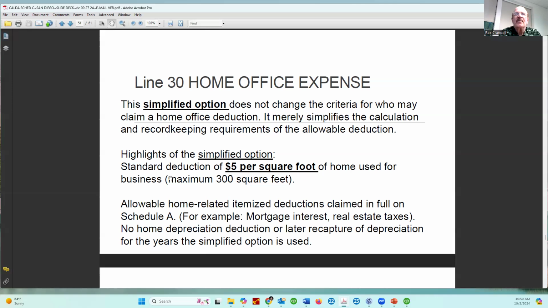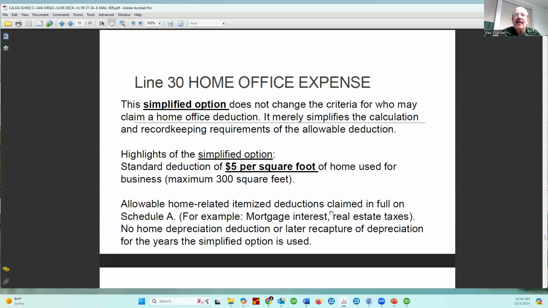The highlights of the simplified plan: there's a standard deduction for home office of $5 per square foot of your home that you use exclusively for business, and there's a maximum of 300 square feet. So under the simplified method, the maximum write-off you can get for your home is $1,500.